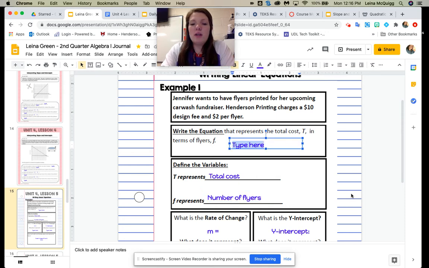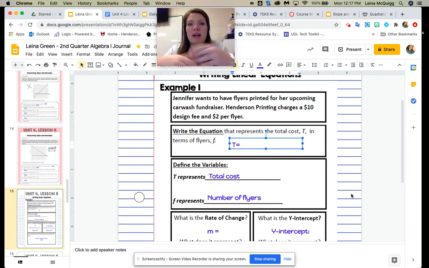So I want to write an equation, T equals, how am I going to find my total cost? I know that I'm going to be charged a $10 design fee. Do I have to pay that $10 for every single flyer, or do I just have to pay that design fee one time? Typically, once you pay a design fee once, you have that design forever.